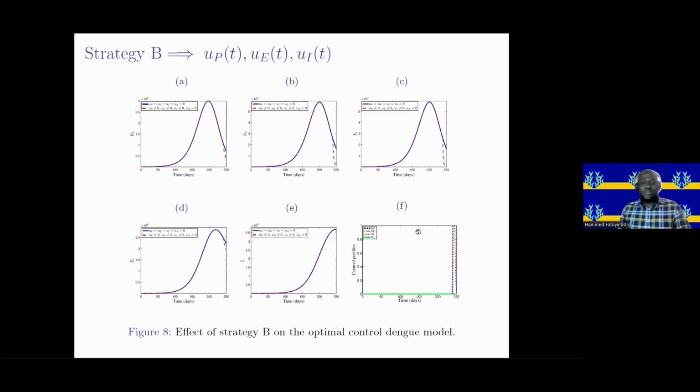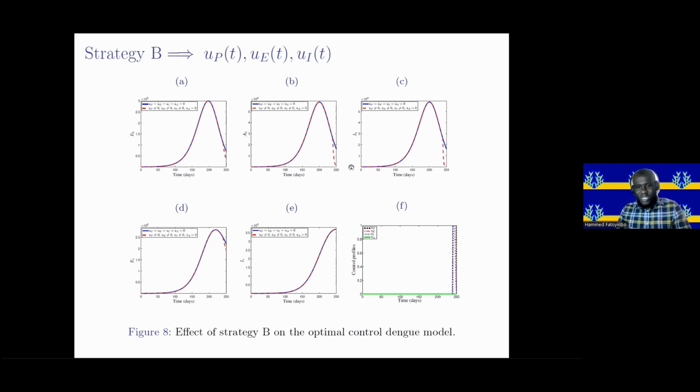For strategy B, in this strategy we only have the use of the insecticide treated bed net and the use of chemotherapy for the asymptomatic and the symptomatic population, without the adulticide. Looking at that, we can see the effect of this strategy: we can reduce the infected exposed human population towards the end of the simulation, like the last 5 days.